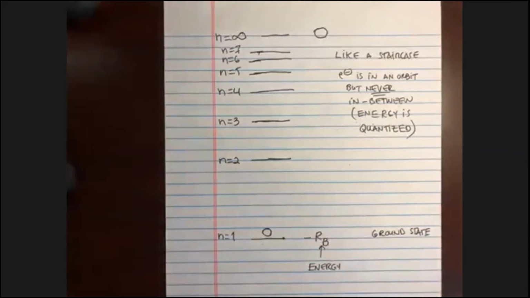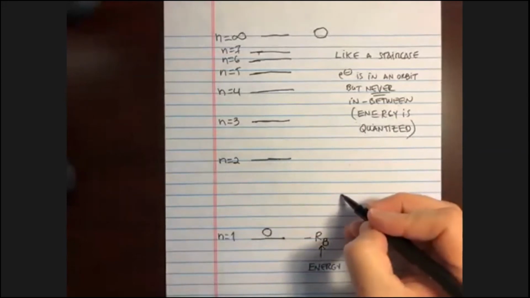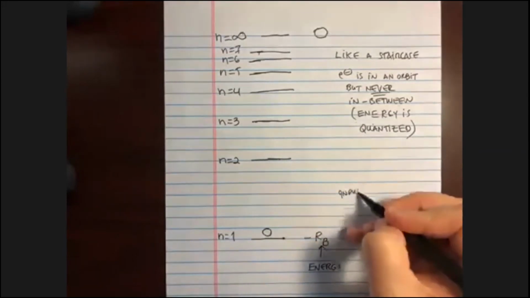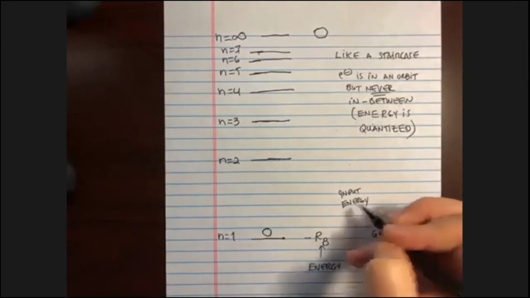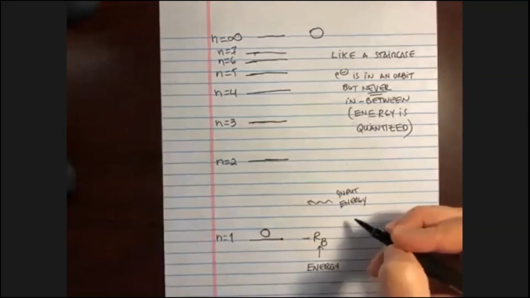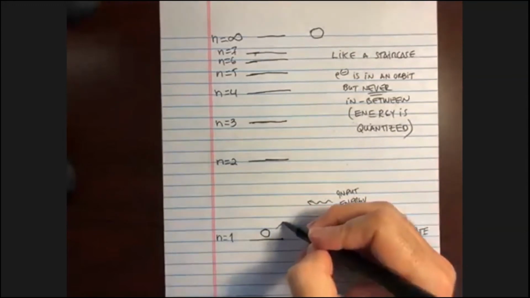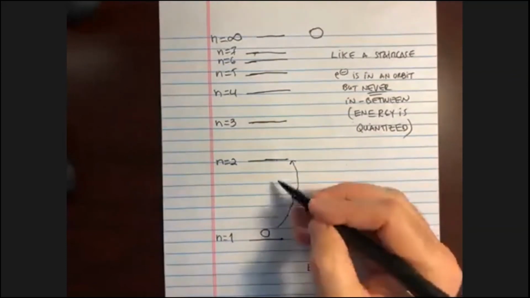And let's say that I now input some energy. If it is enough, I might be able to cause the electron to jump to the next step. Notice there's no room for the electron anywhere in between.